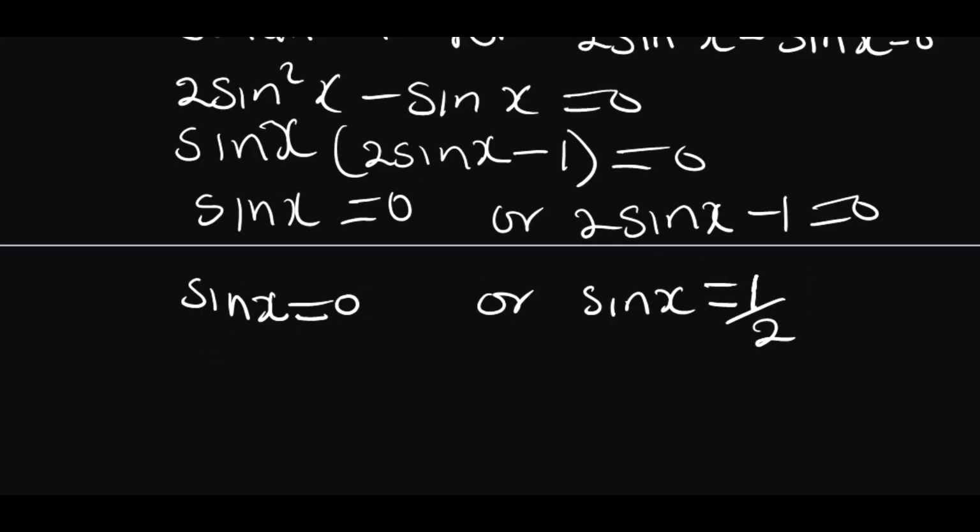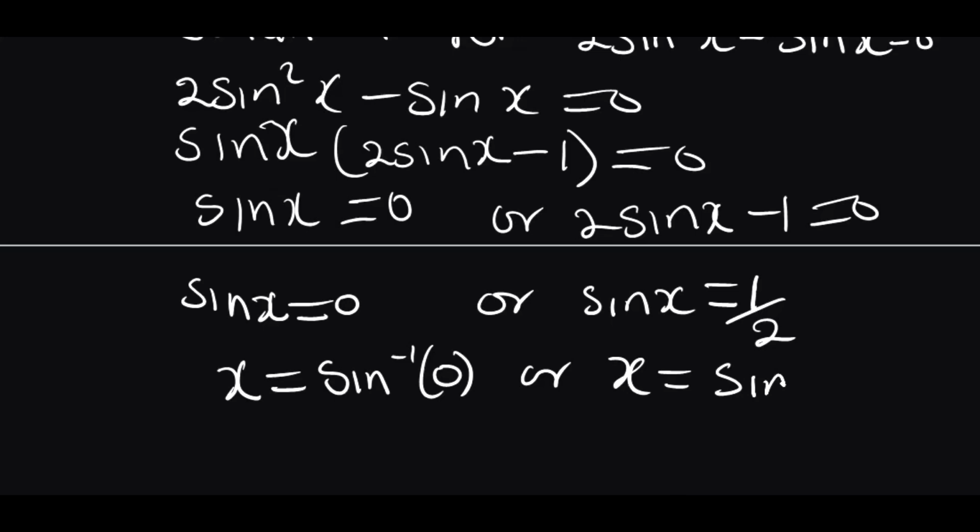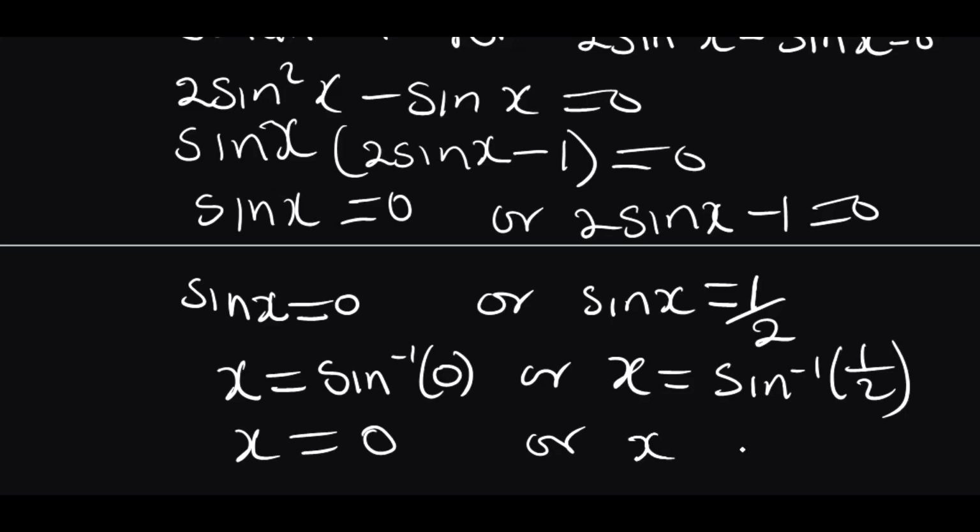Now the values of x here, or the reference angles, are x is equal to arc sine 0, or x is equal to arc sine 1 over 2. Therefore, here we will have x equal to 0, or x is equal to 30 degrees as our reference angles.